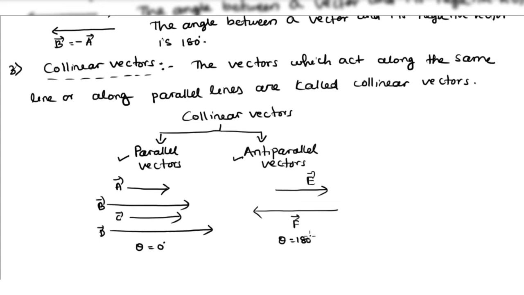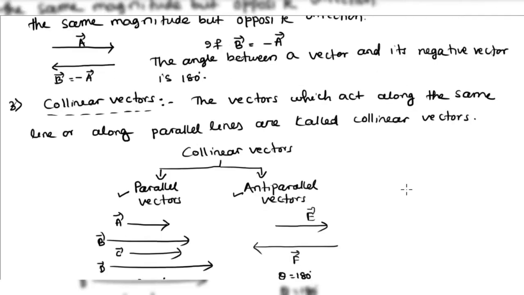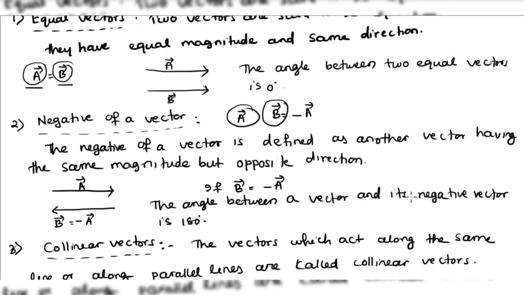And again, when we are defining anti-parallel vectors, we must ignore the magnitudes of the vectors. If two vectors have opposite direction, then they will be called anti-parallel vectors, irrespective of their magnitude. Their magnitudes may be same, may not be same. So just look at the first case.